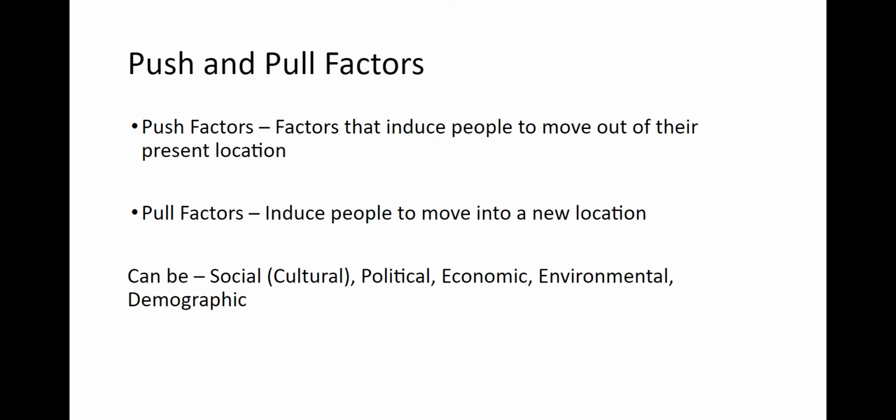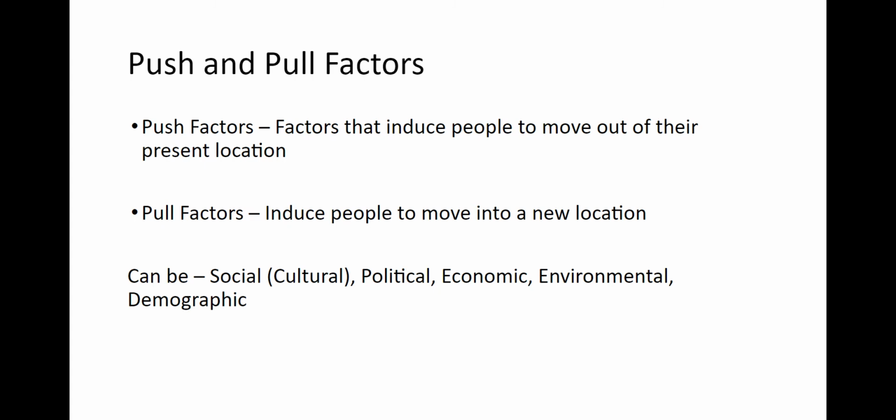There can be political reasons within countries or among different countries. Economic, which most migration in the world is voluntary migration that's rooted in economic push and pull factors. Environmental and demographic. And demographic would be referring to, like we were talking about with the demographic transition model, when there's a large boom of population and maybe not enough jobs to support it. So maybe tying in with the economic as well.